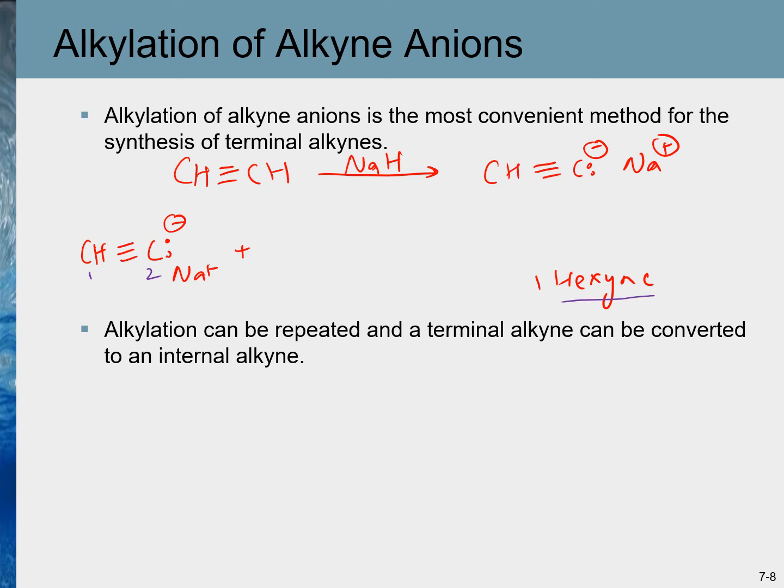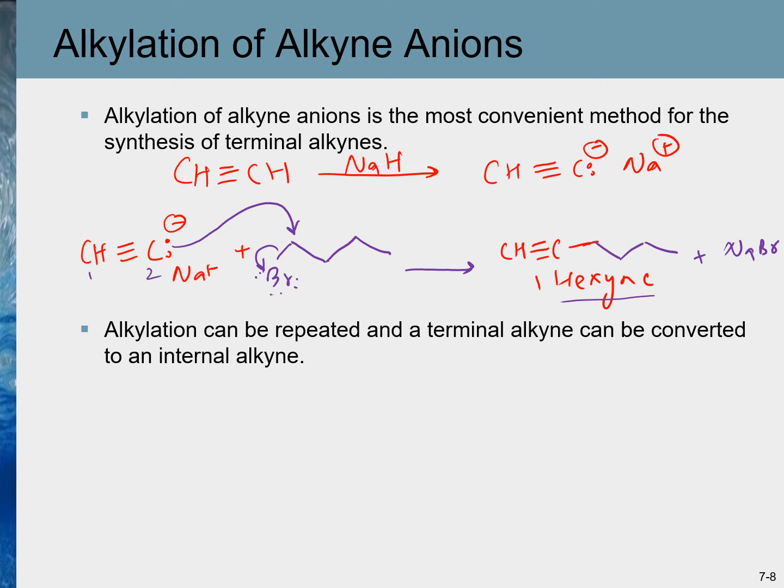So I will use an alkyl halide with 4 carbons, so that would be 1, 2, 3 and 4, and I'll use a leaving group here, so this will attack here, leaving group leaves, and I will get my 1-hexyne. So this way you can make any hexyne as long as it's terminal, starting from ethyne.